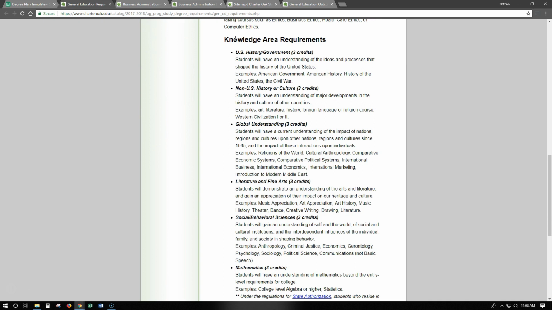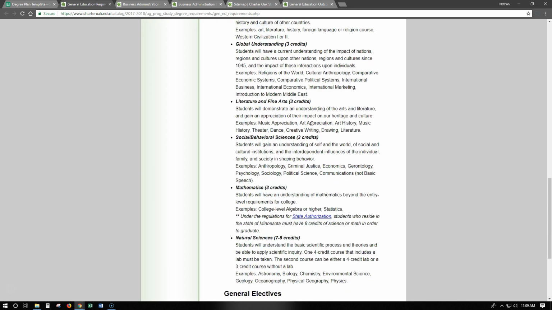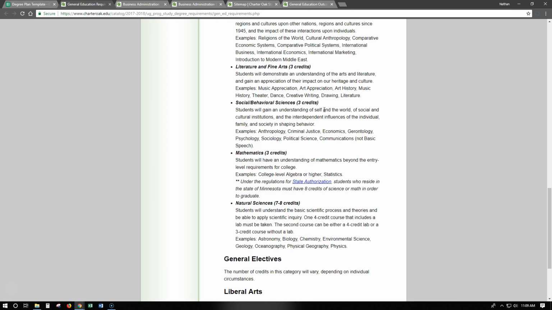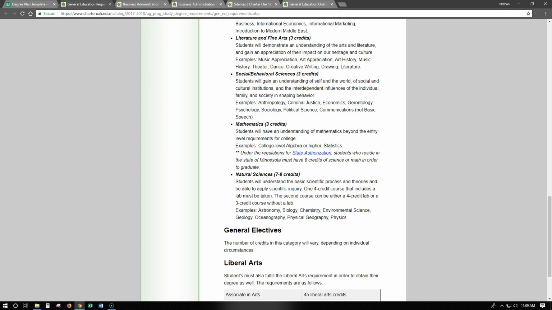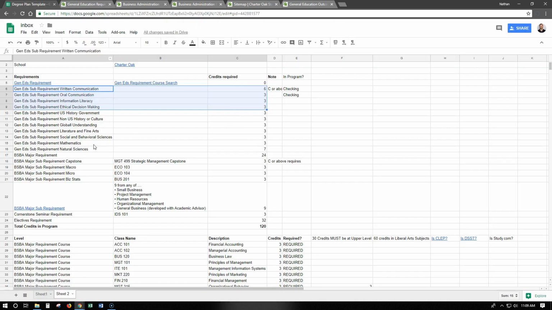In general, oh wait, here's a bunch of knowledge area requirements. 3 in U.S. history, 3 in non-U.S. history, 3 in global understanding, 3 in literature and fine arts, 3 in this, 3 in this, 3 in this. Oh no, this is 7 to 8. Also, one 4-credit course that includes a lab must be taken. Interesting. I actually hadn't seen that before.